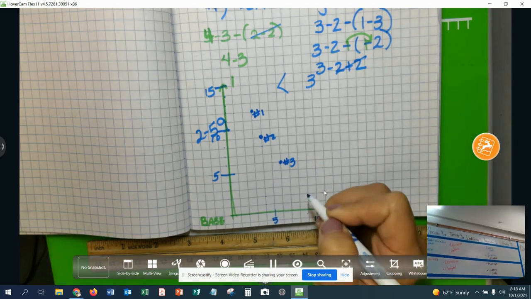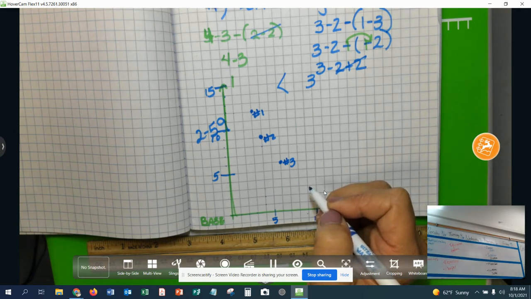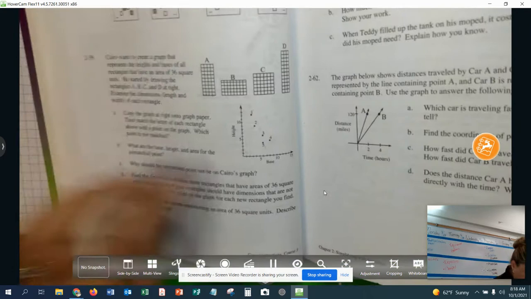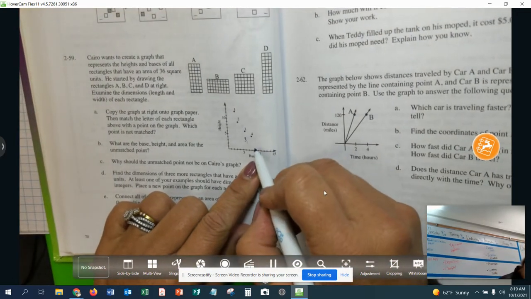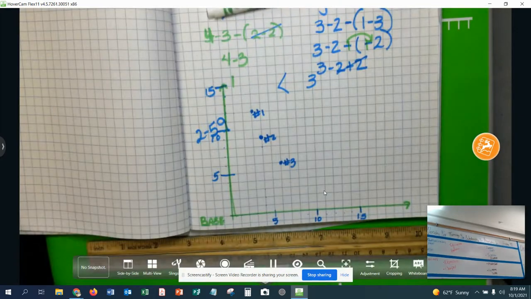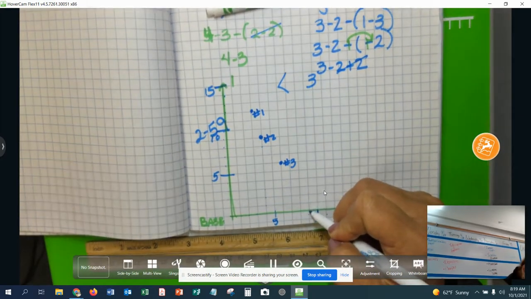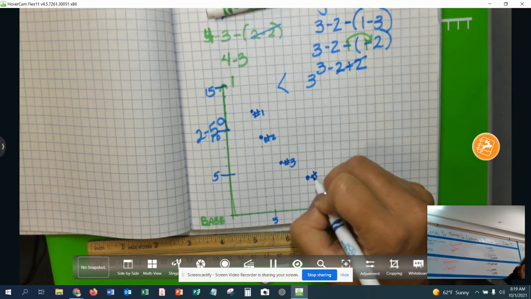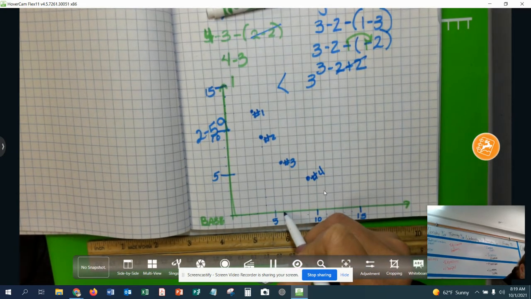And then 5 or 4 is, if you look at your book, number 4 is probably 9 and 4. 9, 1, 2, 3, 4. That's number 4. And then 5 is 5 or 6.